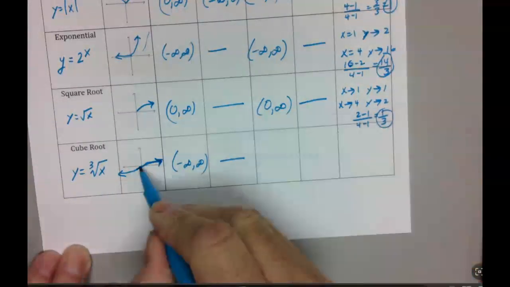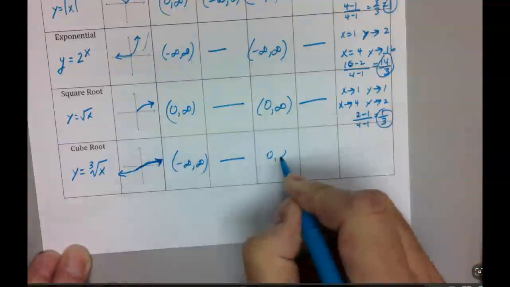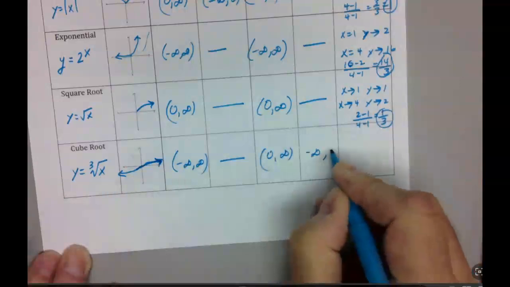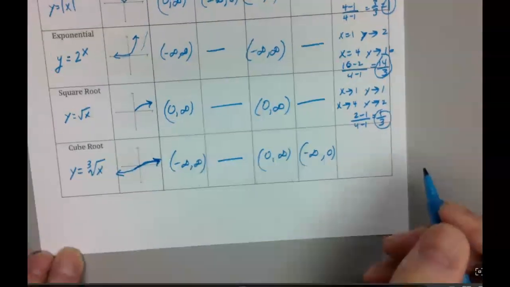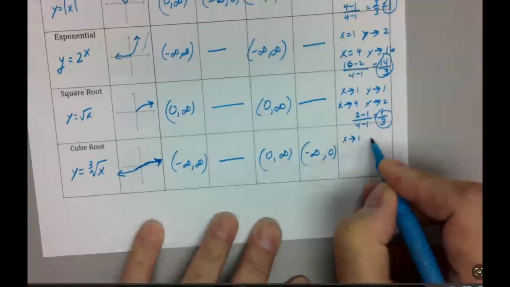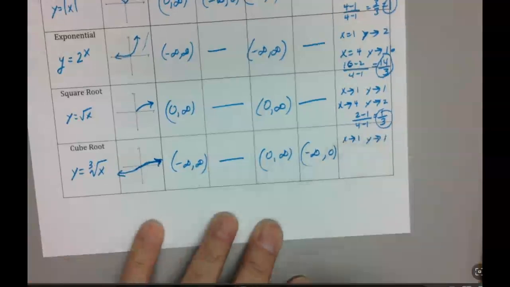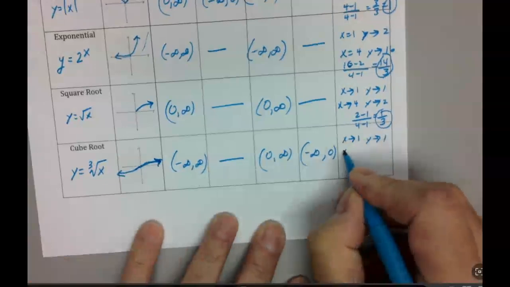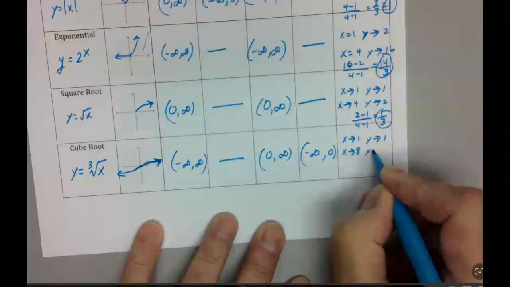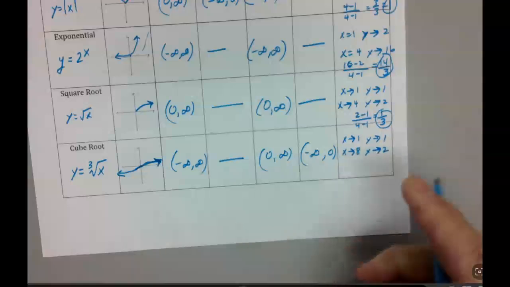It's positive from 0 to positive infinity, and it's negative from negative infinity to 0. And now let's find, when x is my input, 1, the cube root of 1 is 1, so y would be 1. If I put in x is 8, then y would be 2, correct?